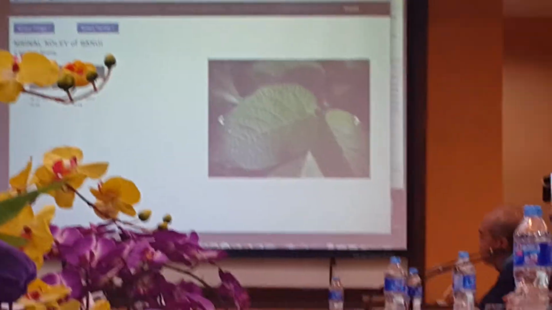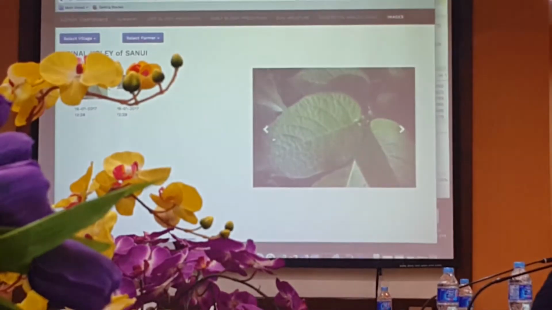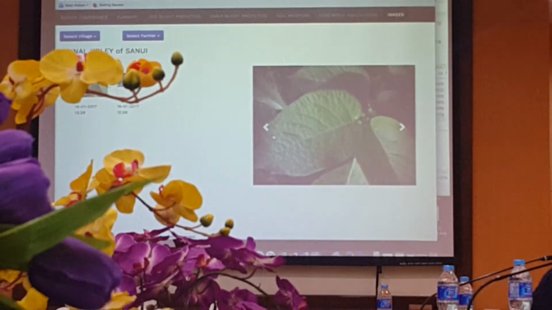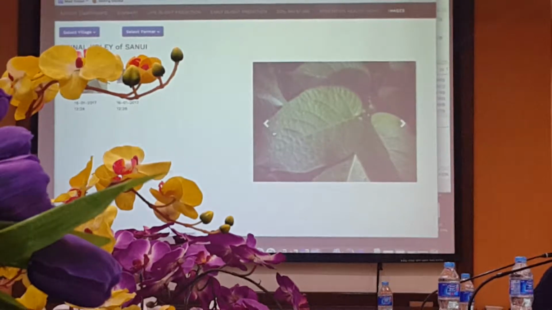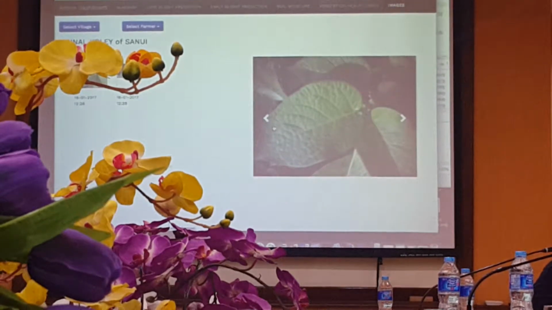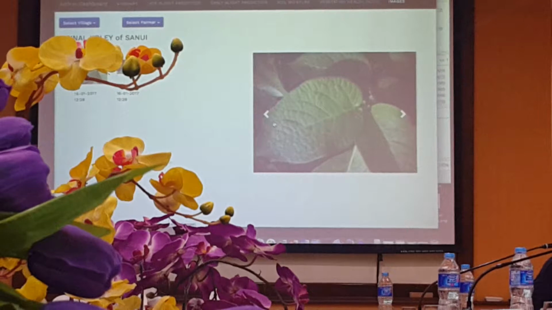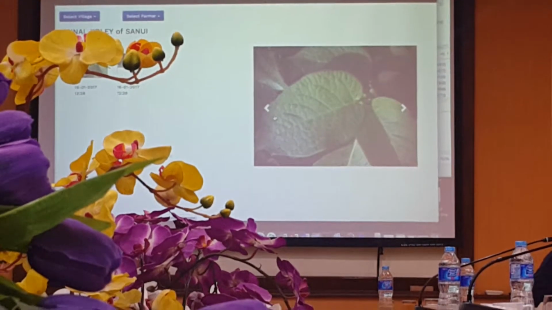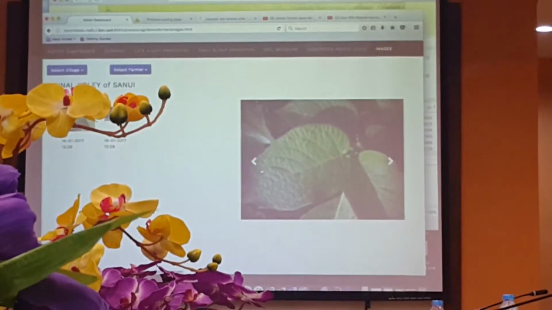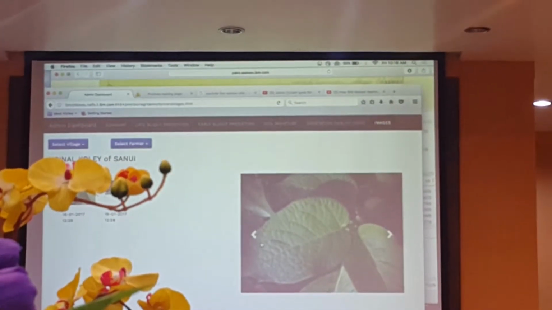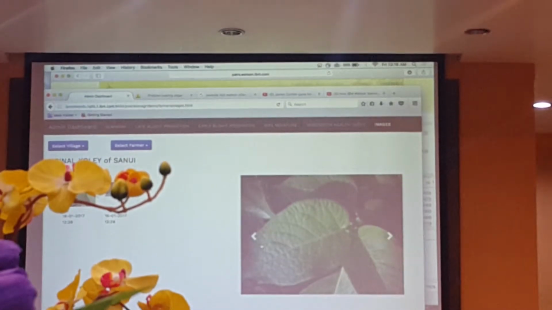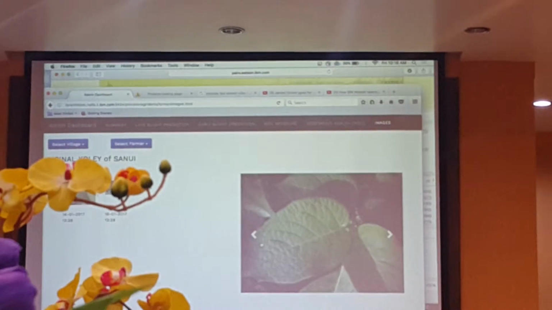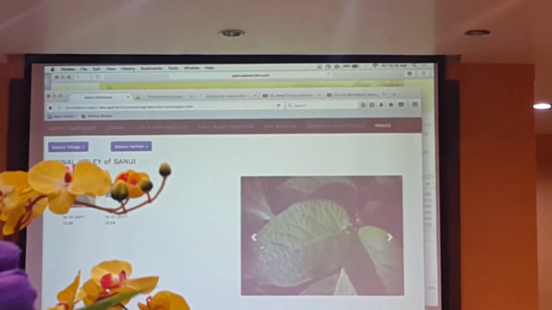After the prediction, the system comes with a mobile application also. It can be mobile, it can be tablet, whatever is available. And farmers just need to click a picture using the camera of the mobile. The system will automatically know what this crop is because of the picture that the farmer has taken.